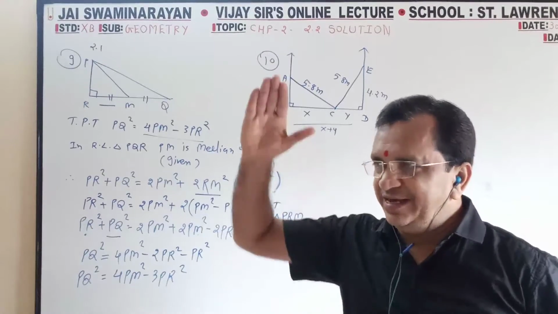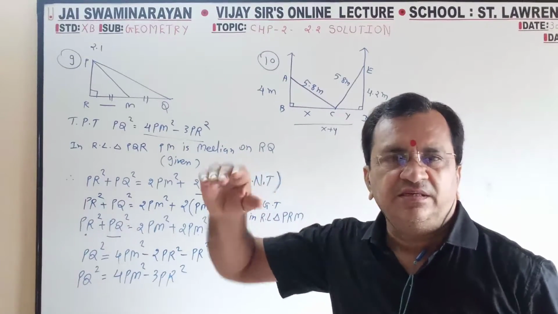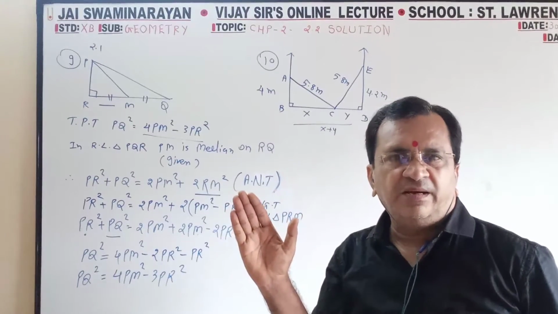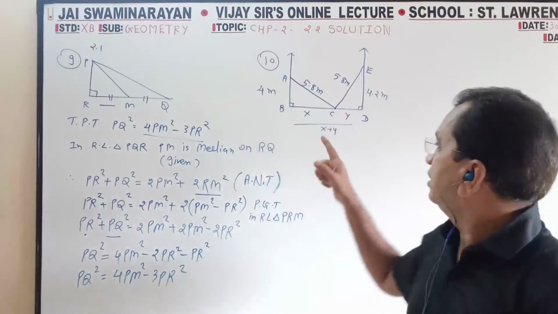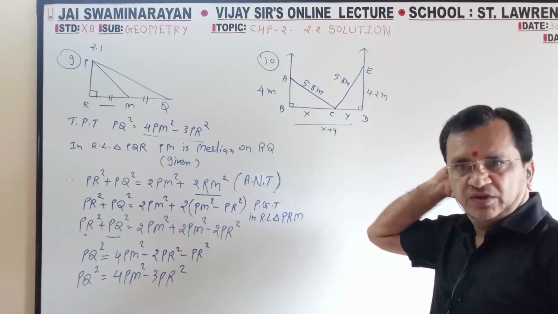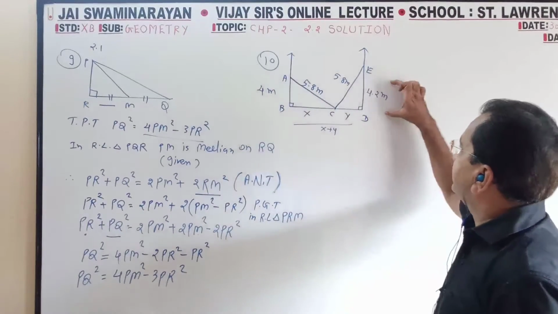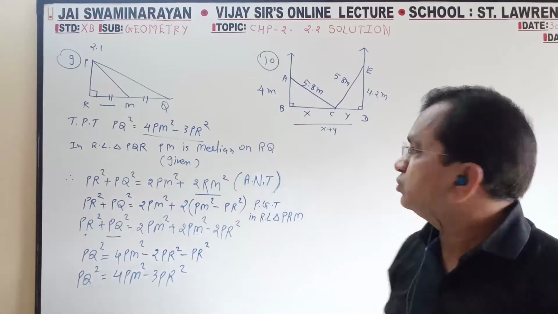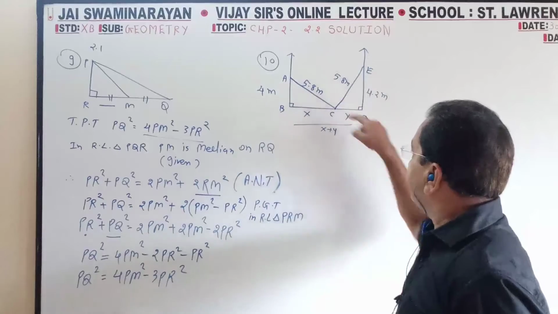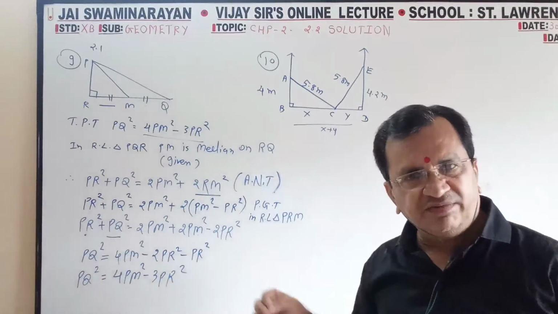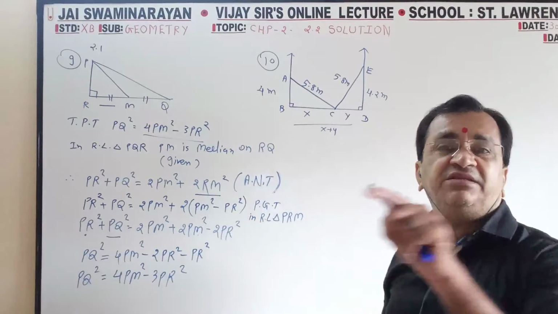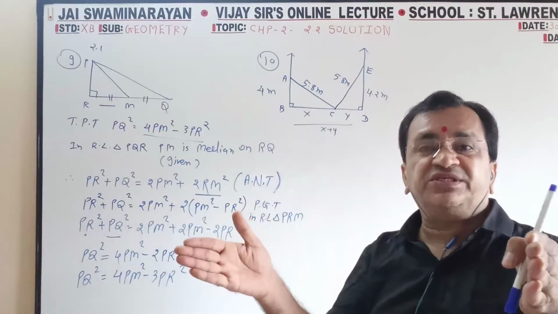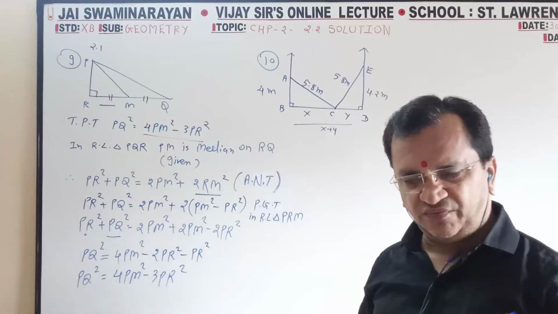So away from the building, it will touch less height, and which point is nearer to the building, it touches the upper part. This height is given, this height is given, and the ladder is common, so it will not change. So by Pythagoras I will find x, by Pythagoras I will find y, then I will join x and y, so I will get the width of the road, because these two buildings are on opposite sides of the road. So I have to find out the width of the road.